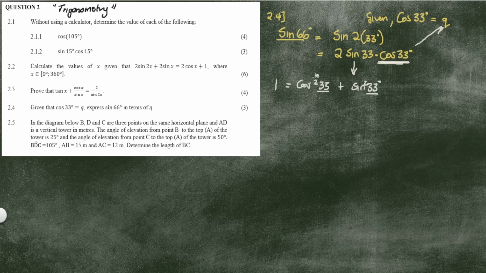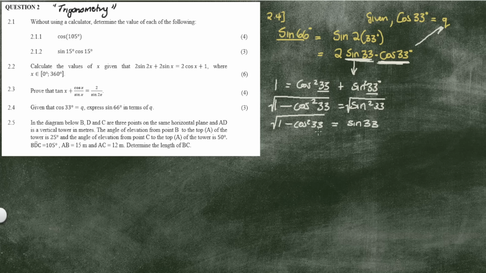So I'm going to take this and transpose it to the left hand side. You get 1 minus cos squared 33 is equal to sine squared 33 degrees. But I want sine 33, not sine squared 33. So I'm going to take the square root on both sides, so that I end up with the square root of 1 minus cos squared 33 equal to sine 33.